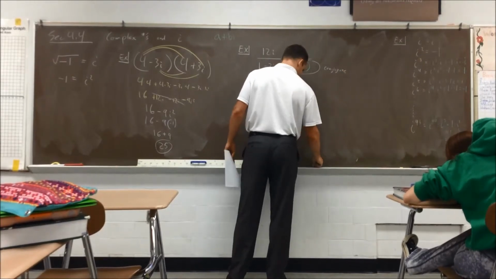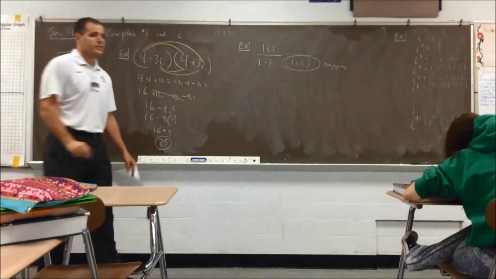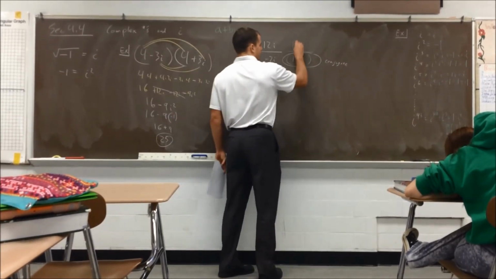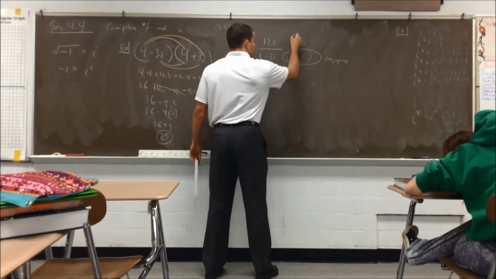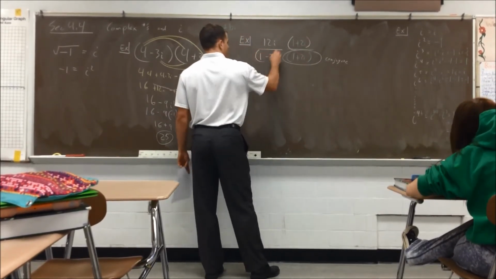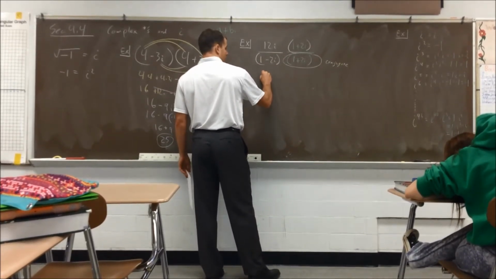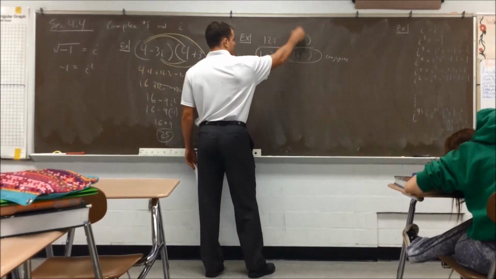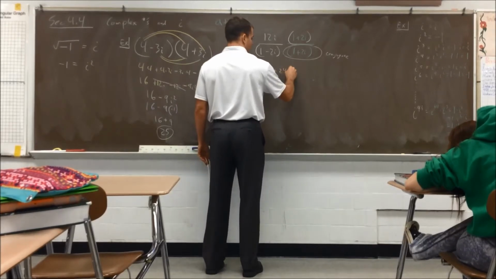That's called the conjugate. Now, if we multiply the bottom by 1 plus 2i, guess what we have to do? We've got to multiply the top by 1 plus 2i. And we'll distribute our little hearts out. 12i times 1 is 12i, 12i times 2i is going to give you 24i squared.